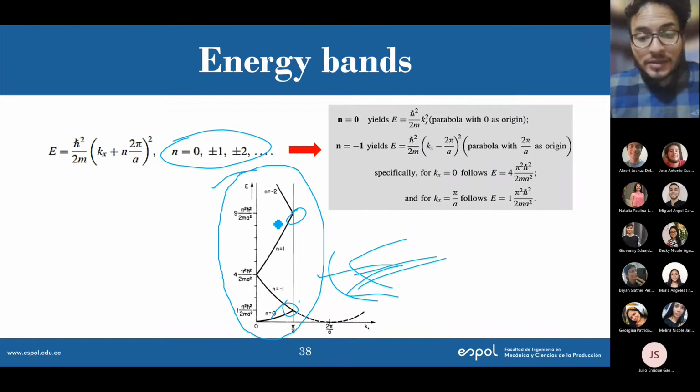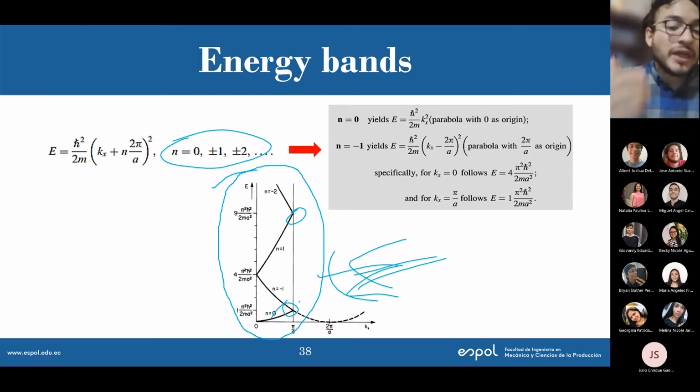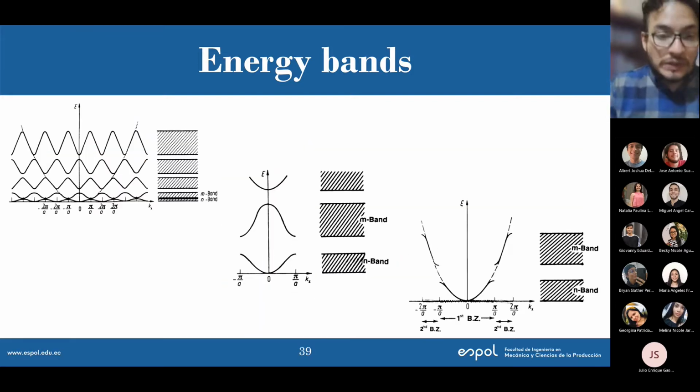So all they're relating is the energy of the electron versus the momentum of the electron. Okay? So this one is for the case of free electrons, this one's for electrons in a crystal.